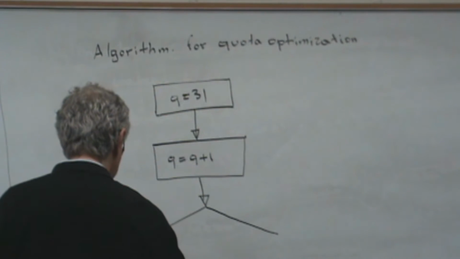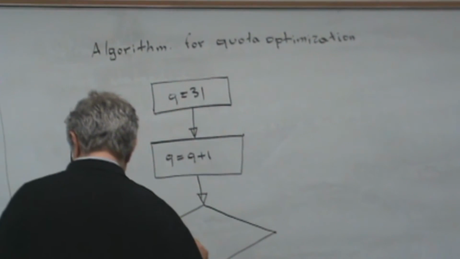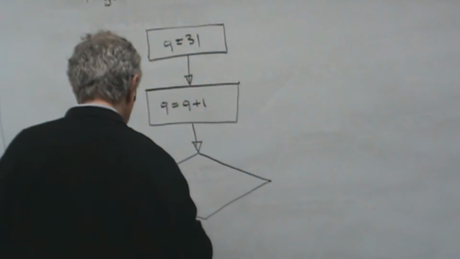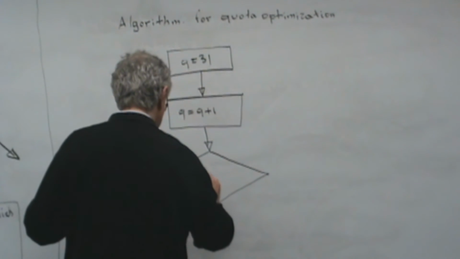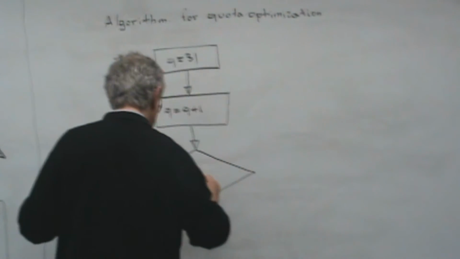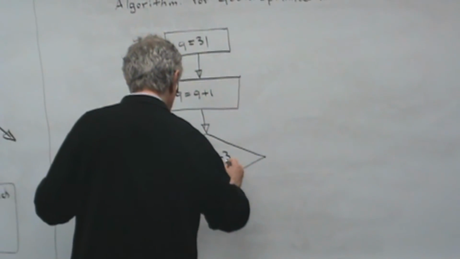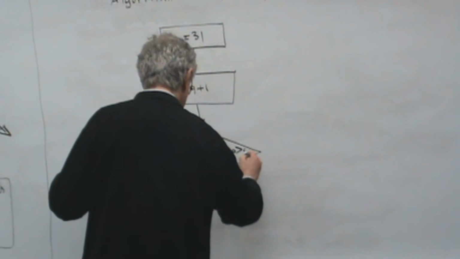So we have an if statement here, or a conditional statement: is 900 times the probability that NQ is less than 32, minus 300, positive?